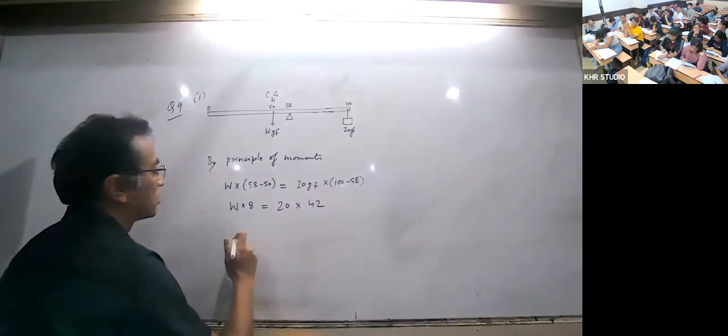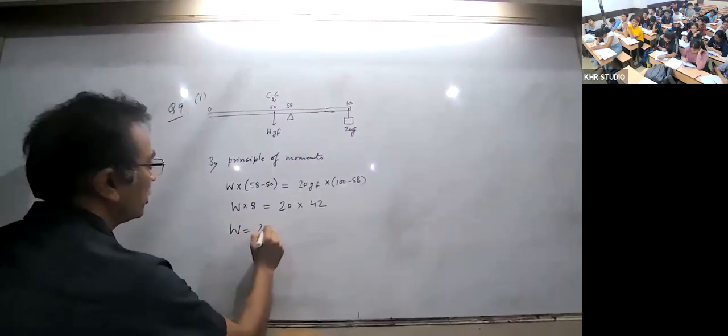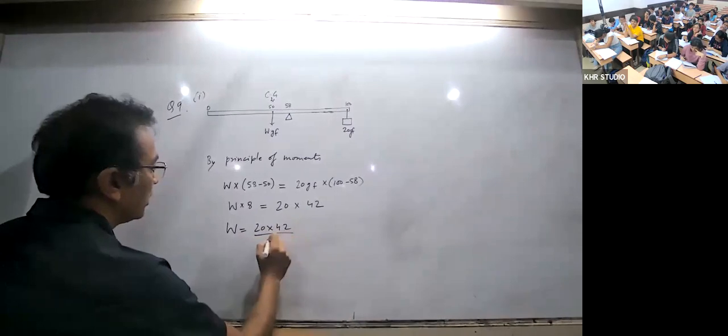Right, so W is equal to 20 into 42 divided by 8.